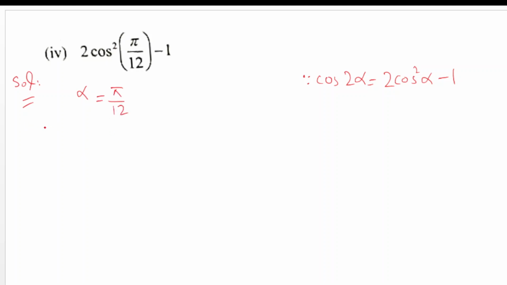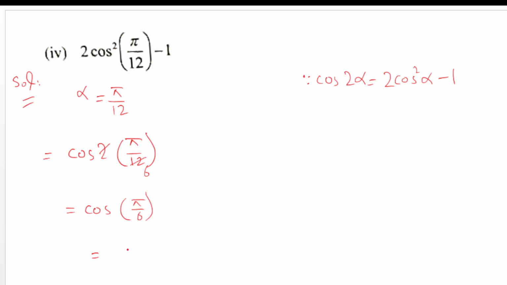So we'll simply close this: cos 2, and alpha is pi by 12. So 2 sixes are 12, that will be pi by 6, cos pi by 6. You can convert into degree, as you wish. Basically this is cos 30.